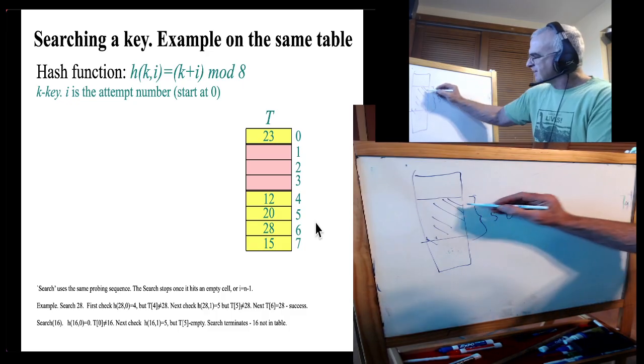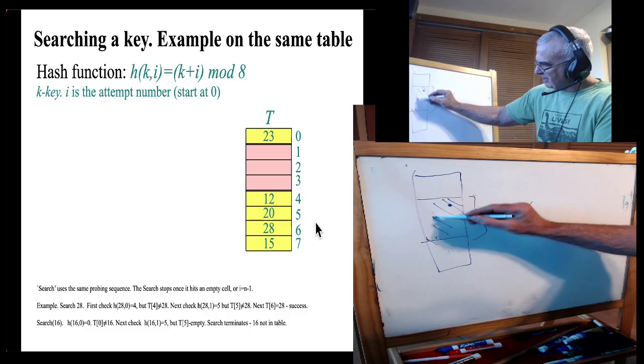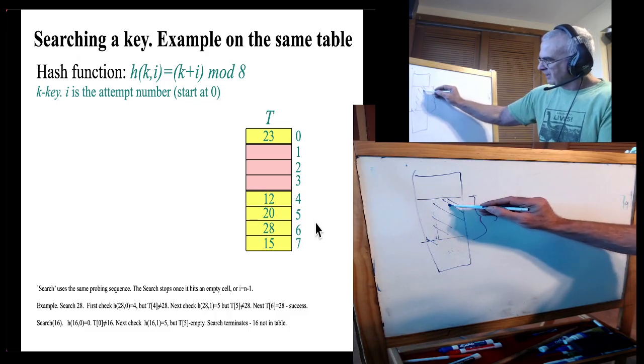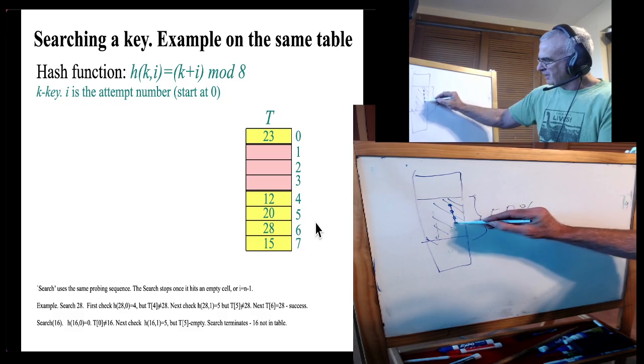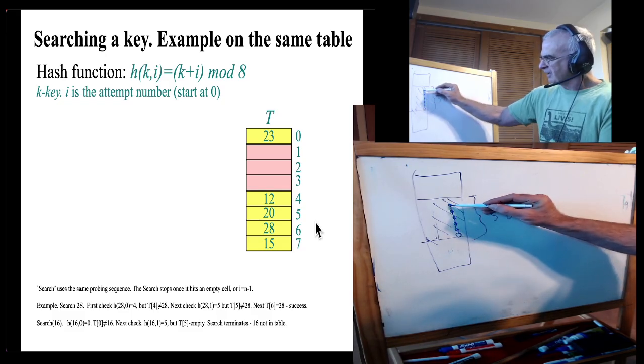However, once I hit one of the elements in this big sequence of keys, this big cluster, what will happen? I will go down in the very same way, no matter what the key was that I was after.